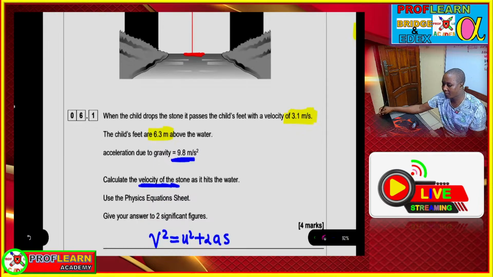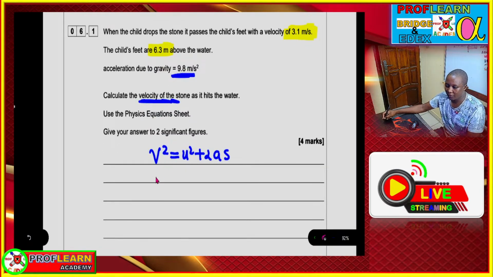So v squared is the final velocity squared, equal to 3.1 squared plus 2 times 9.8 times the displacement.